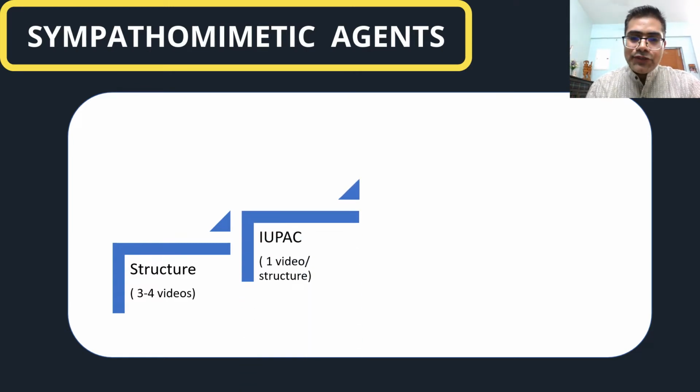So after the structures, we will go to the IUPAC name, right? So our first objective will be we should be able to make the structures of the compounds. Once we make the structure of the compound, the next is we should be able to give the IUPAC nomenclature of that compound.